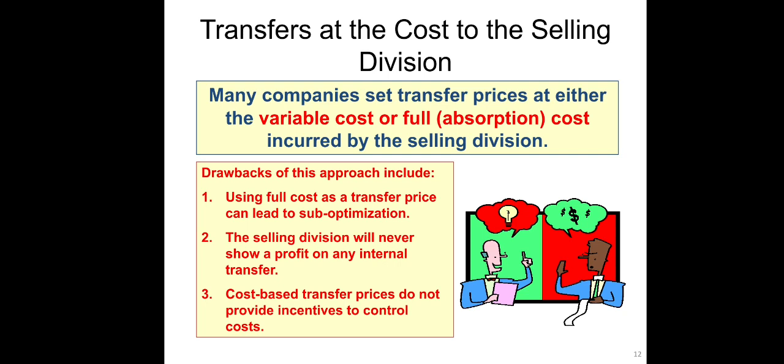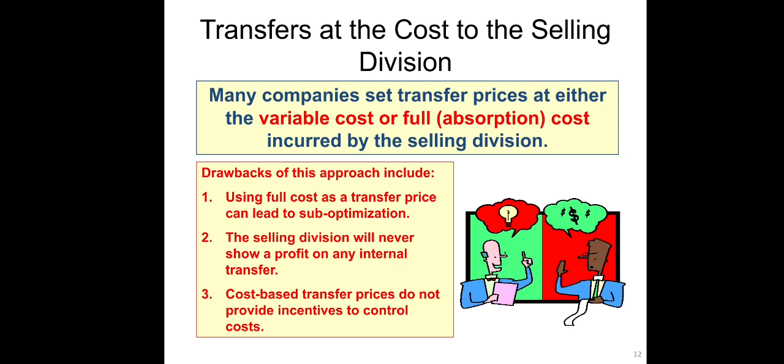Number three, cost-based transfer prices do not provide incentive to control cost. That is very similar to point number one. The manager has no need to improve efficiency. There is no incentive to control or reduce cost.